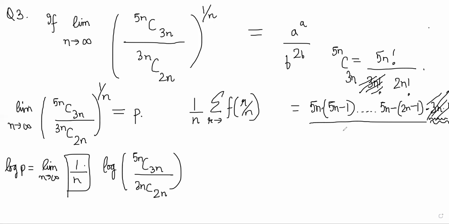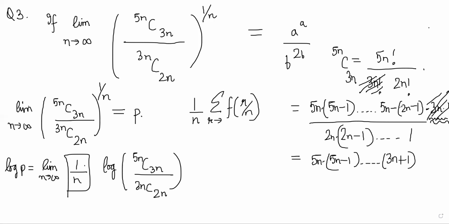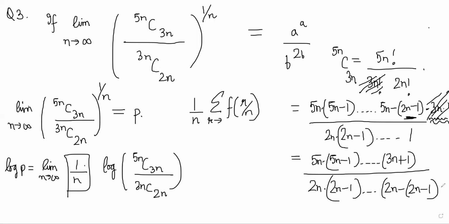And what you're left with is 2n into 2n minus 1 till 1 in the denominator, and 5n minus 1 till 3n plus 1 in the numerator.